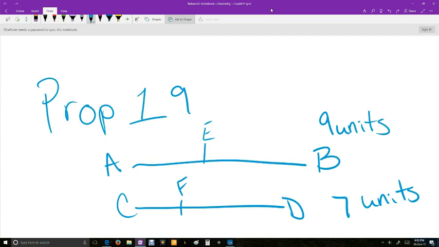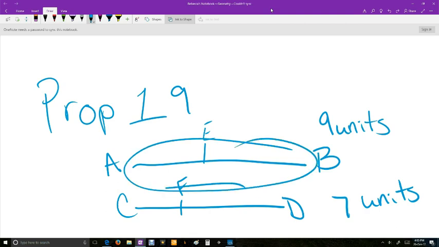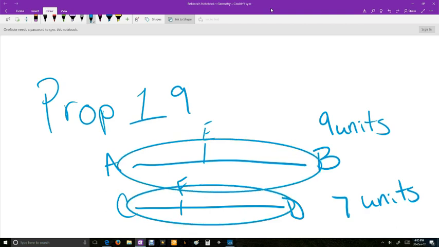They have things in common, but not all equilateral triangles are equal. They're not all the same size, but they have similarities. That's what we're going to start talking about in Book 6. To be able to understand that, we need to understand how lines and line segments relate to each other.